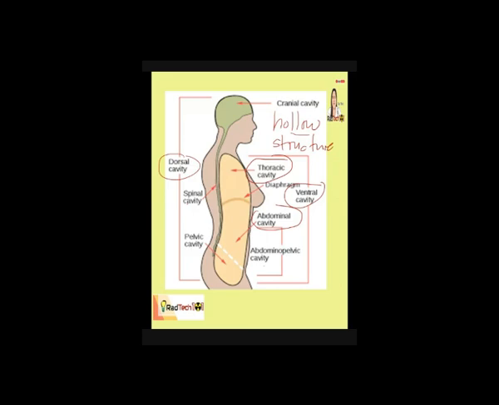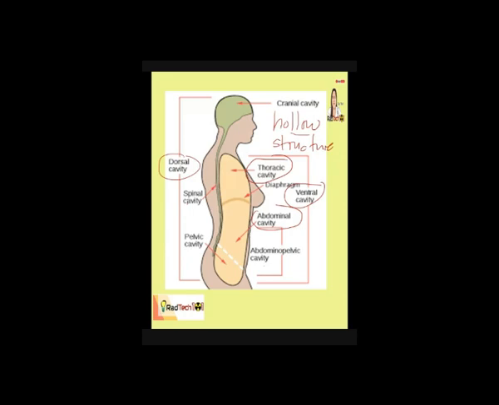Sa thoracic, it contains the heart, the lungs, etc. Spinal cavity, it contains the spinal cord, spinal column, the spinal fluid. Sa pelvic cavity, it includes the urinary bladder and the other parts of the urinary system. The cranial cavity includes of course the contents of our cranium or contents ng ating skull.